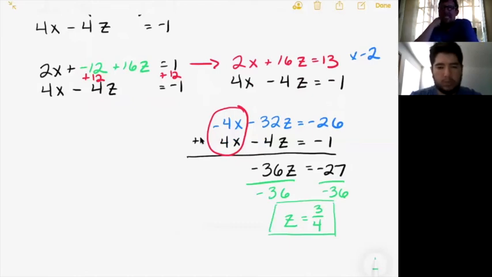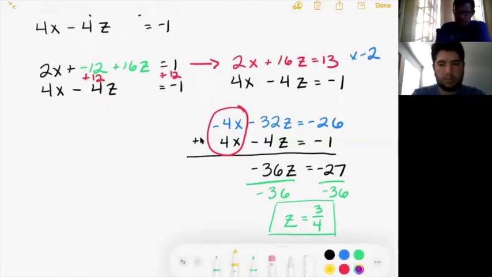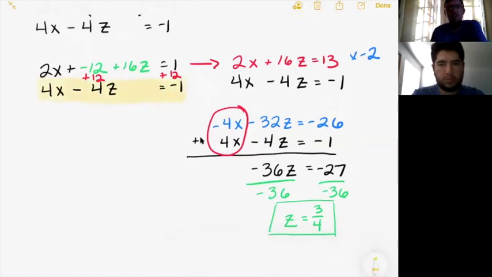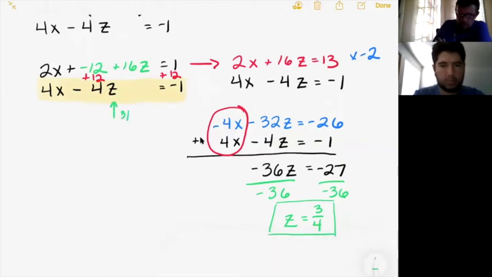Okay, so good news, bad news situation here. We did solve for z, but it's a fraction. It's all right. We're not afraid of fractions. I think the next easiest one to find is going to be x, because if I were to take the z and substitute it in right there to that equation, that would tell me x, so that seems like a good idea, just to take the 3/4 and put it right in there.